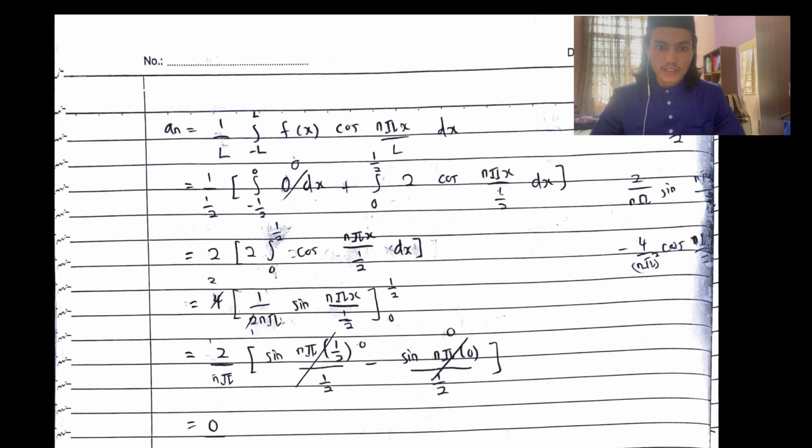So sin(n pi times 1/2 over 1/2) minus sin(n pi times 0 divided by 1/2) will be 0. So 2n pi times 0 will be 0. So the value of an will be 0.